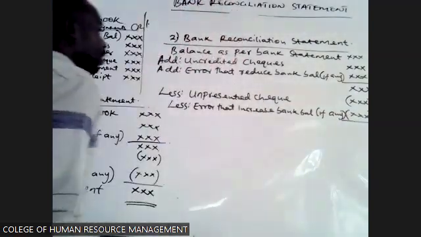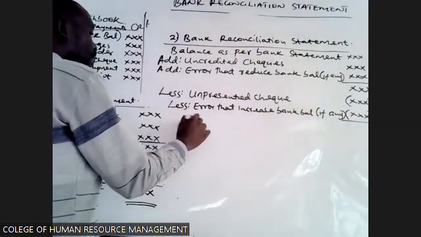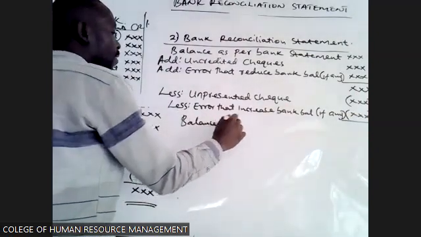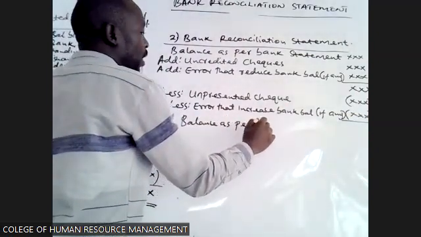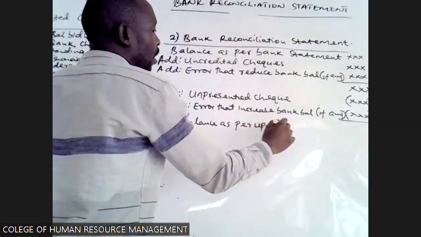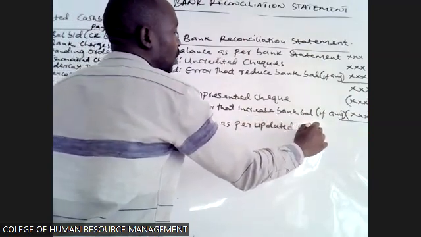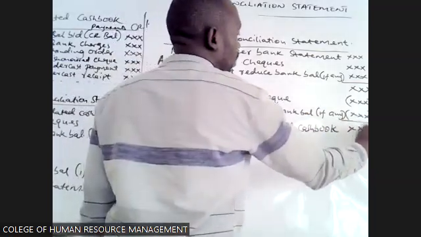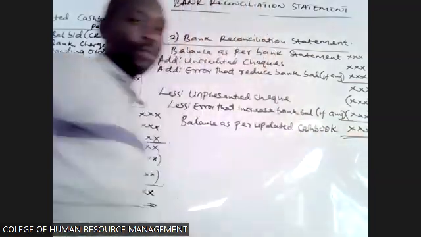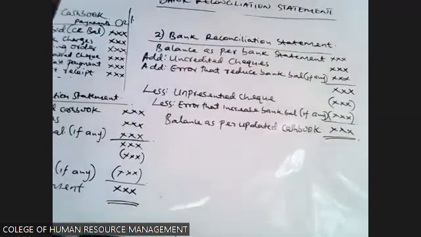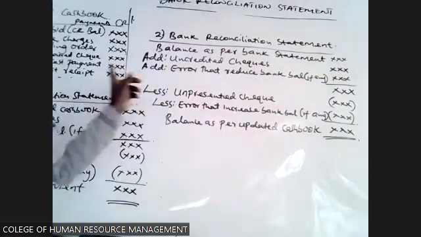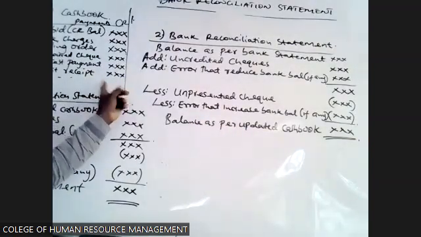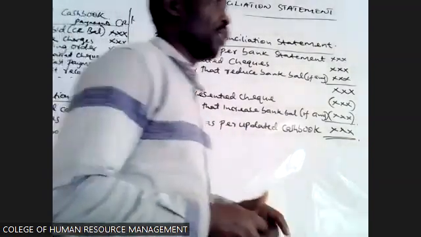After doing that, you will get balance as per updated cash book. The balance as per the updated cash book is the balance carried down in the updated cash book. You compare.